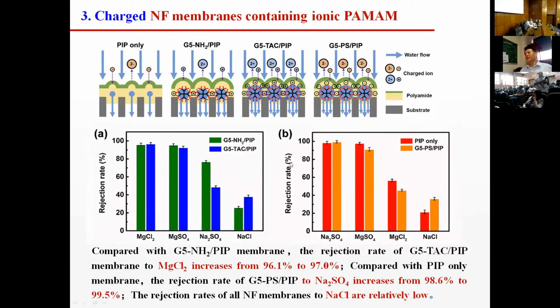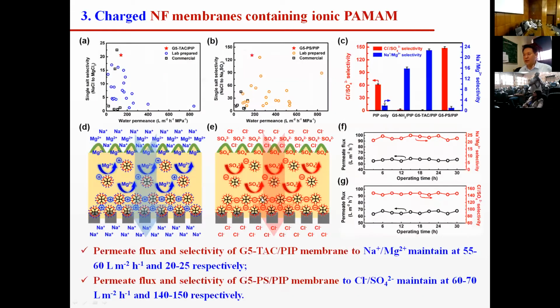So this result suggests we can effectively prepare the charged membrane to separate different ions, for example, chloride, sulfate, or sodium and magnesium salt. So this is the mechanism of why the membranes have higher selectivity for sodium and magnesium.